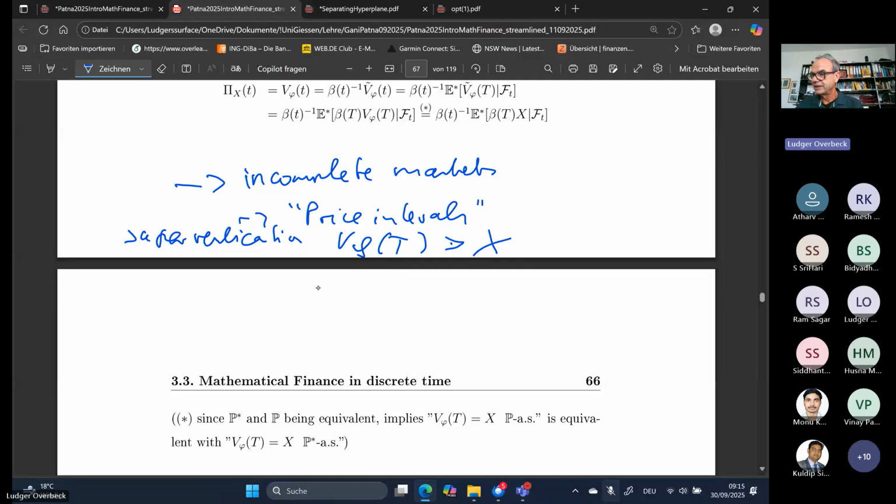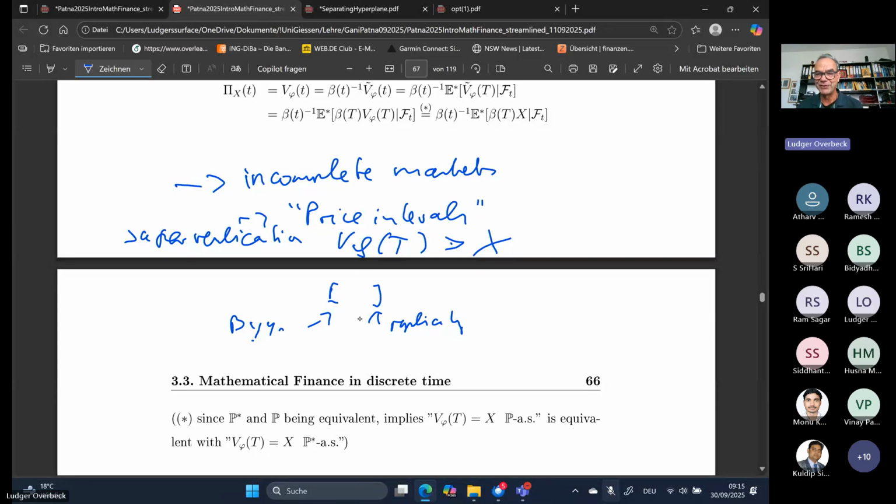You have the highest price, the super-replicating price, and then you have the price of the buyer of the option. And then you have to agree somewhere in between.